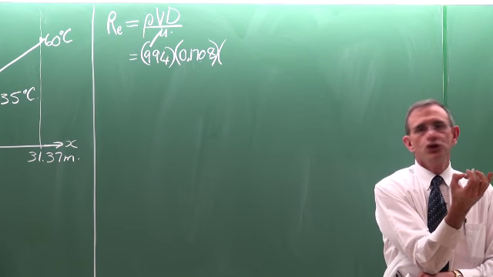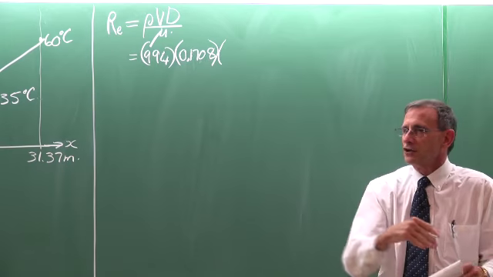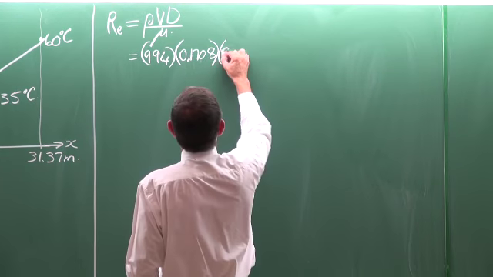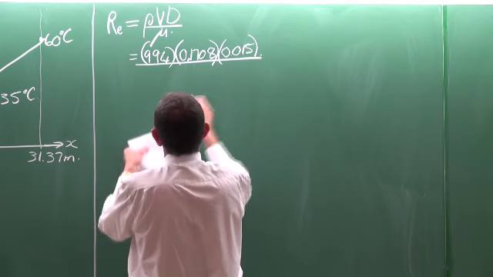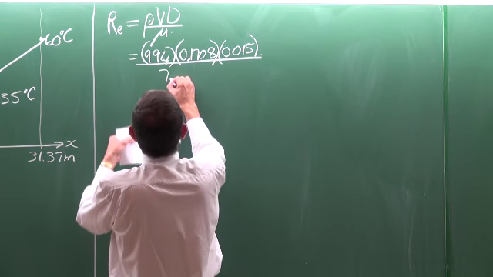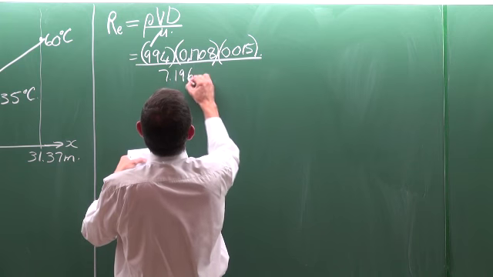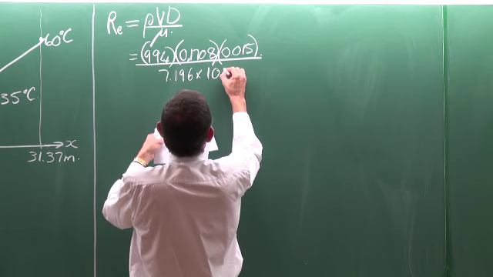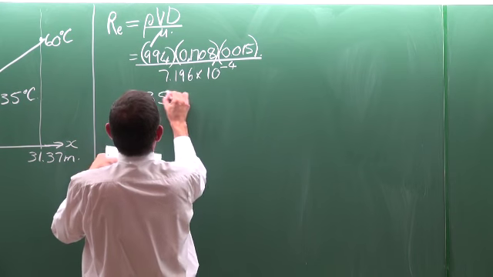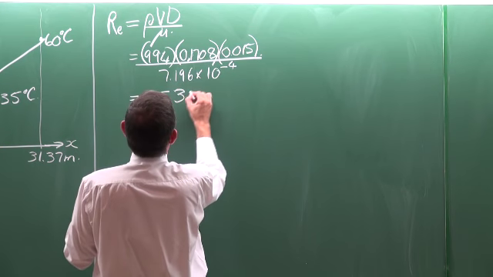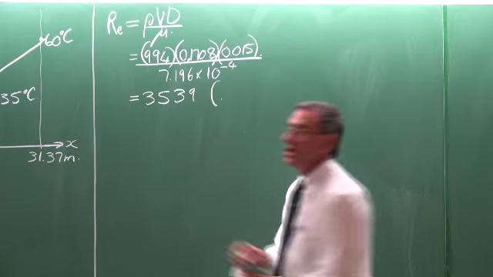It's a round circular tube, so we do not have to calculate the hydraulic diameter or anything like that. So it is equal to 0.05 divided by the viscosity, which is 7.196 multiplied by 10 to the minus 4. And the result is a Reynolds number of 3,539.